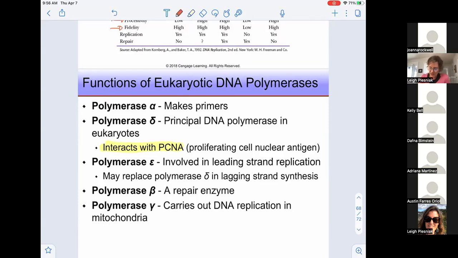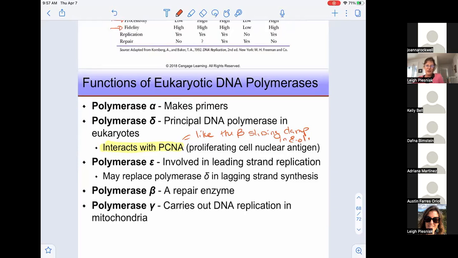I mentioned the sliding clamp in E. coli, the beta subunit. That is the subunit of DNA polymerase 3 that increases the processivity and makes DNA polymerase 3 really efficient at copying the E. coli genome.